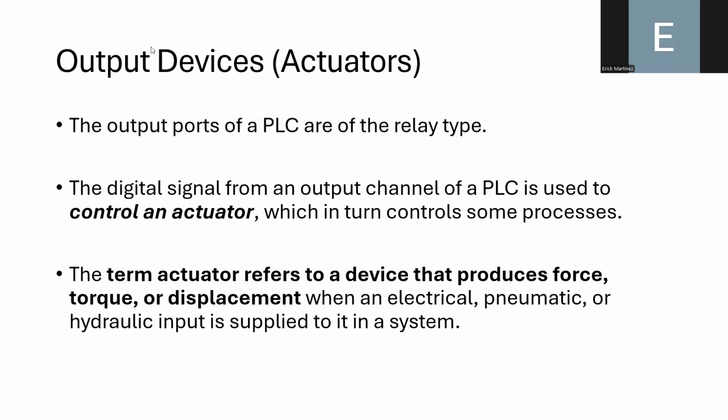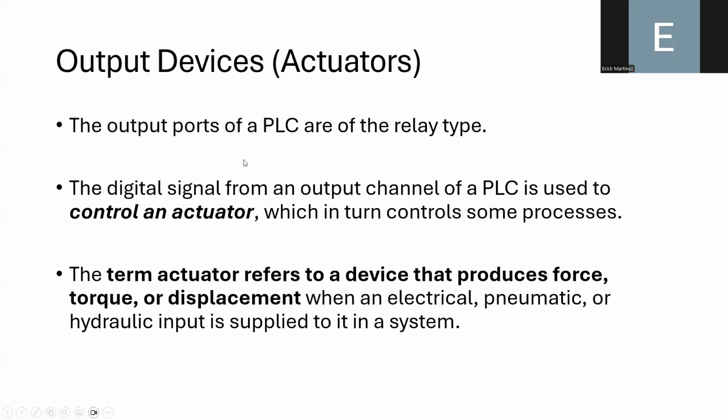So this output channel of the PLC is used to control actuators, and these actuators can be controlled through this relay in order to control some process. The term actuator refers to a device that can produce a torque, a force, or a displacement when it is stimulated with an electrical, pneumatic, or hydraulic input.